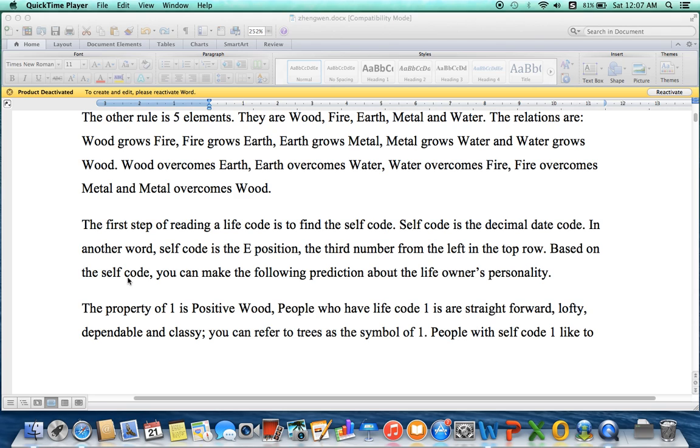Based on the self code, you should make the following predictions about the person's personality.